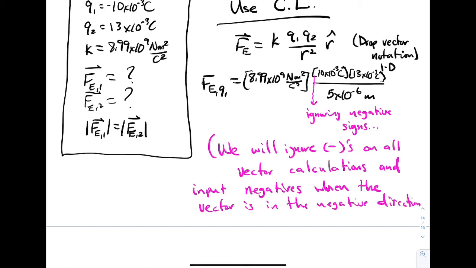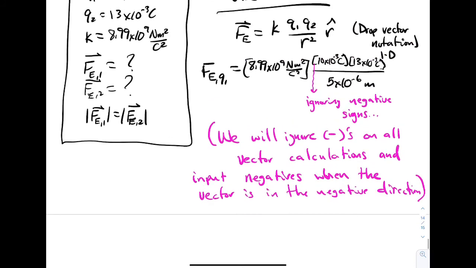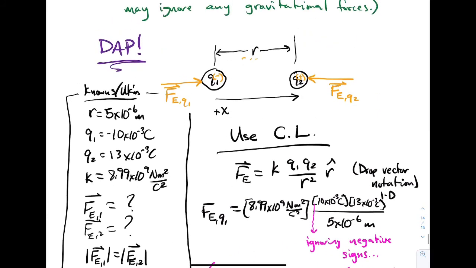This is fairly unique because normally we would never ignore a negative sign in our equation. But from our picture, it's quite obvious to see.